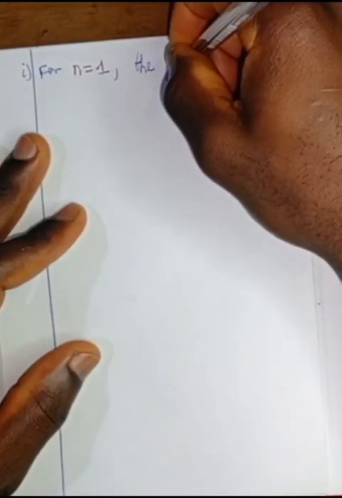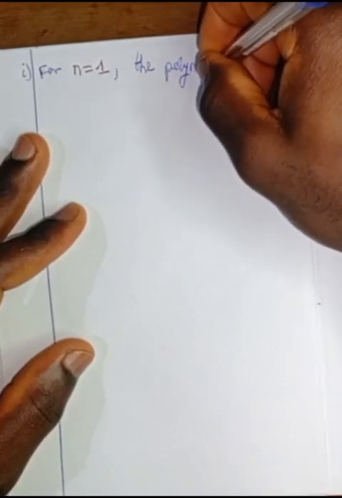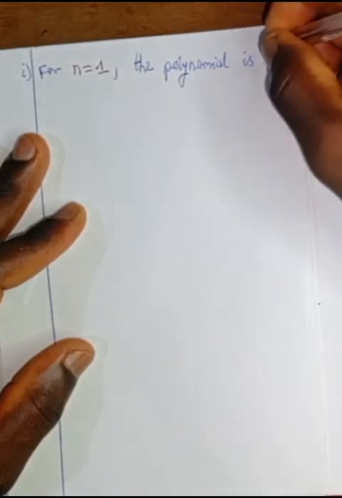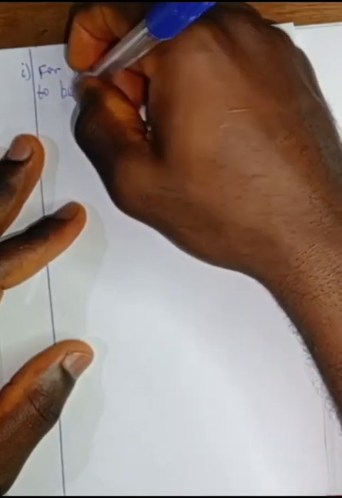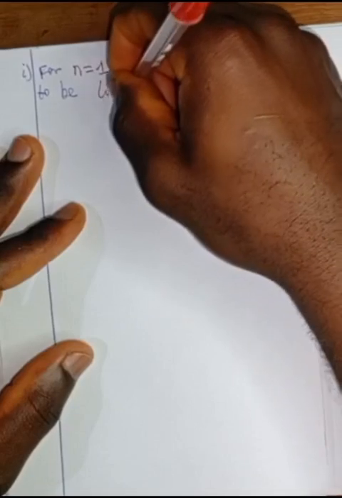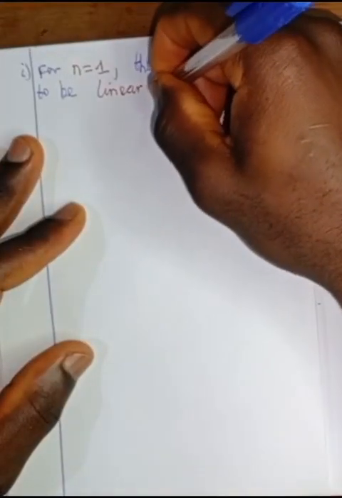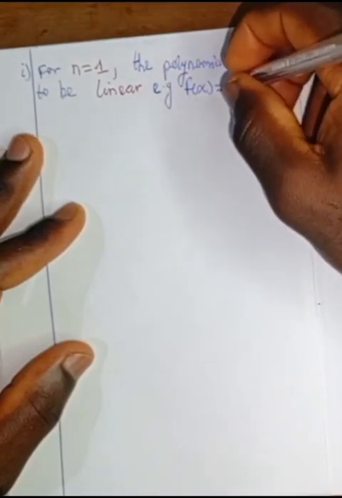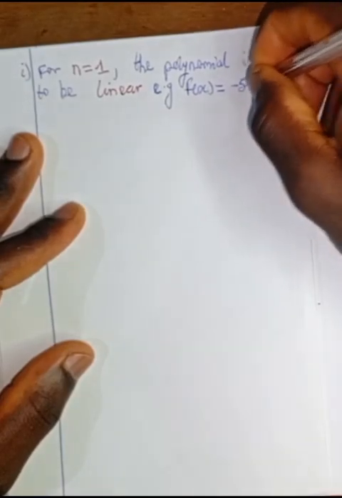That means a polynomial of degree 1. The polynomial is said to be linear. E.g., an example of a linear polynomial, we have f of x is equal to negative 5x plus 4.